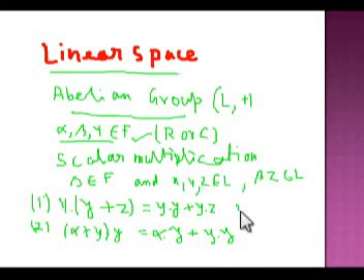The third is that (beta gamma) times vector x equals beta times (gamma x).